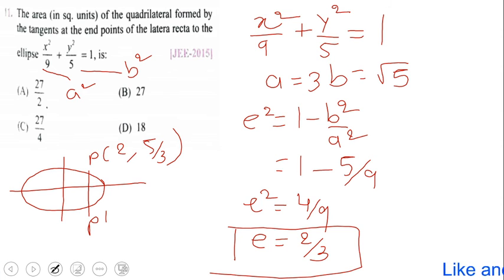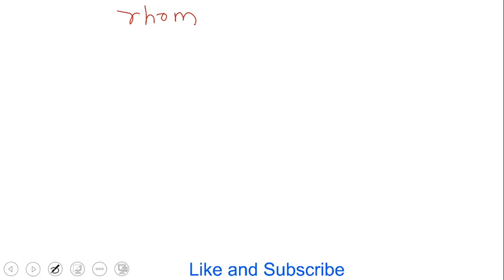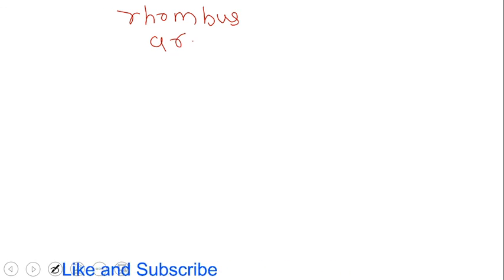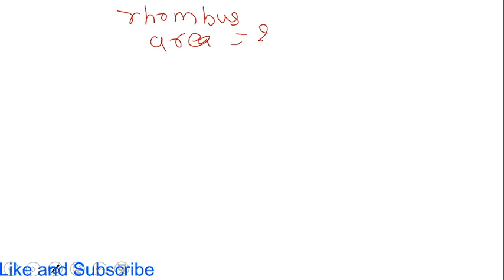And see this area, it will represent a rhombus here. The rhombus area is 2 a square by e.